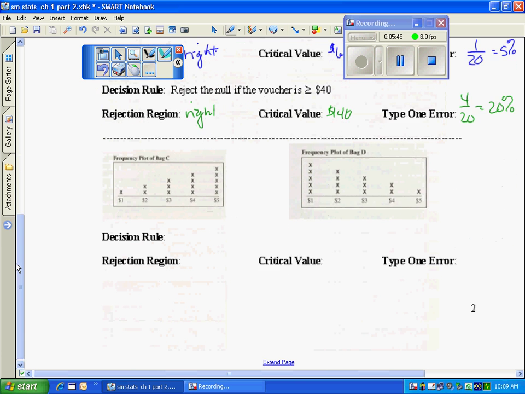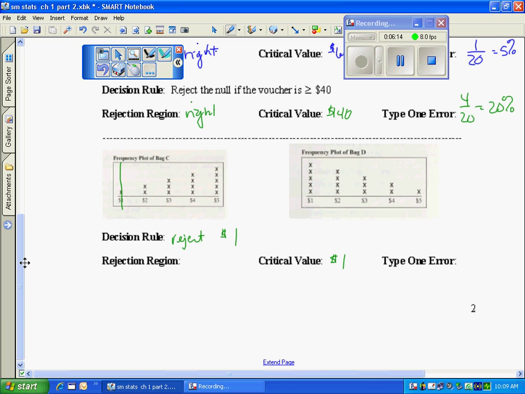The decision rule: let's suppose I'm going to reject if I pull out the $1 voucher or anything less. Looking here, here is my critical value. It's the $1. That's where I make a change, either to accept or reject.